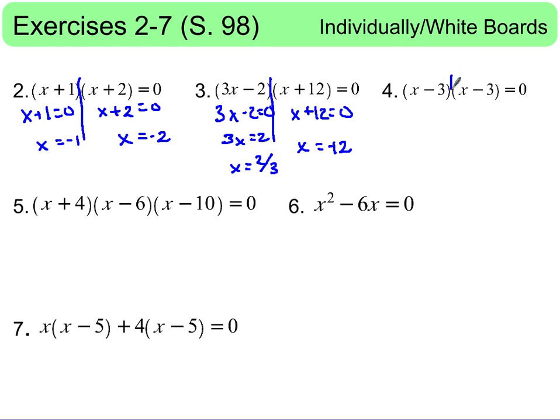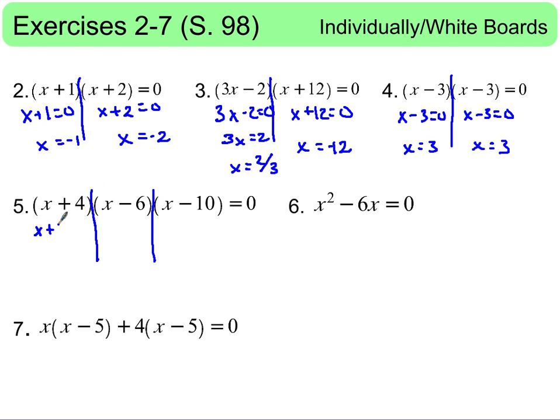In number 4, you notice the same thing twice, so we are going to set x minus 3 equal to 0 and x minus 3 equal to 0, and so you get x equals 3 for both problems this time. In number 5, we'll do a split here and a split here.